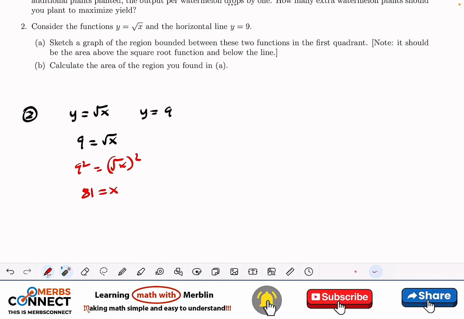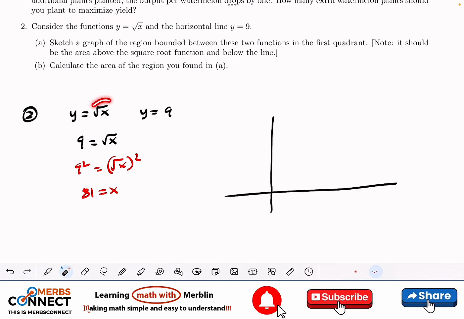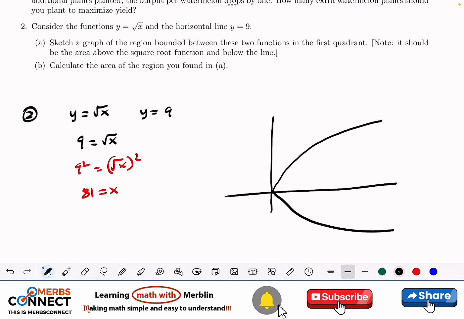So when we want to sketch the graph, we are going to have something like this. Now remember, when you are dealing with root of x, we are talking about above. So root of x goes like this and comes like this. But we want the one above the x-axis, so the down will just flip out.